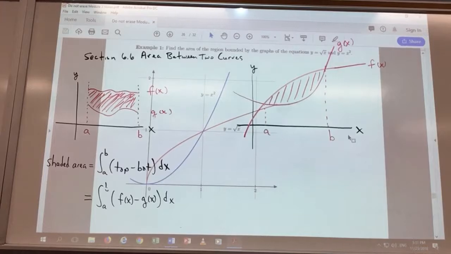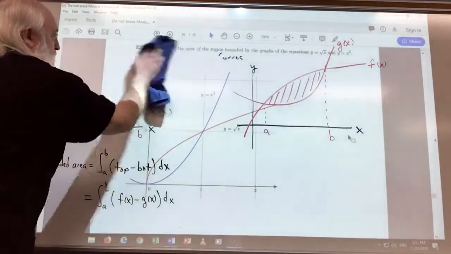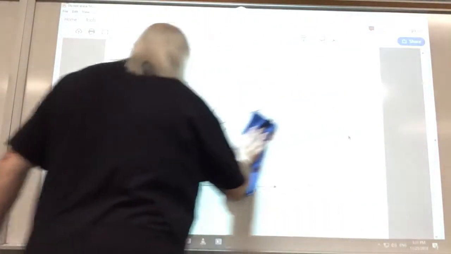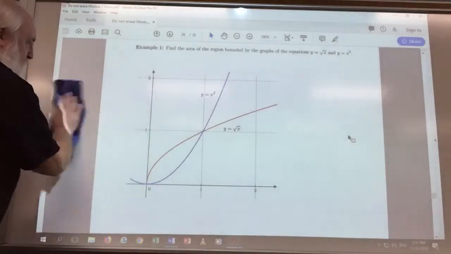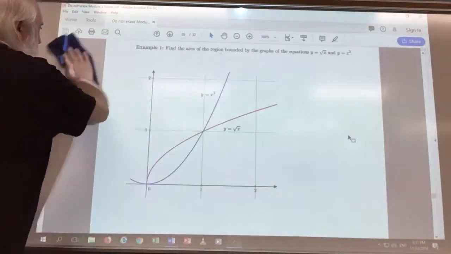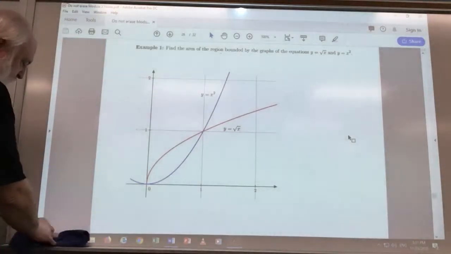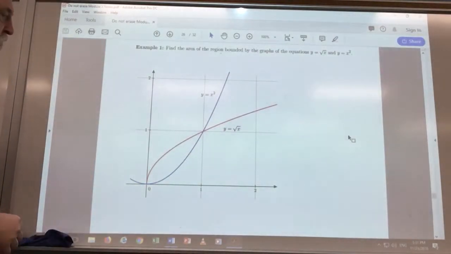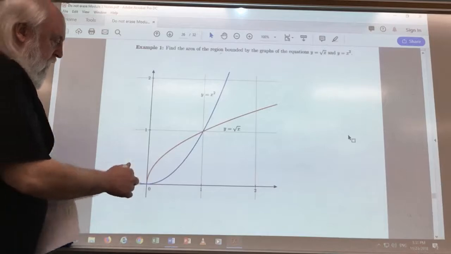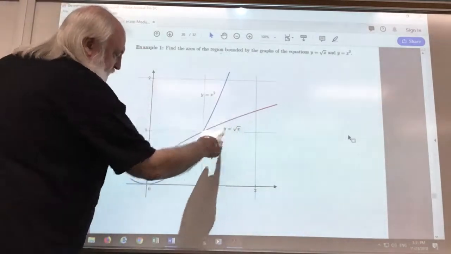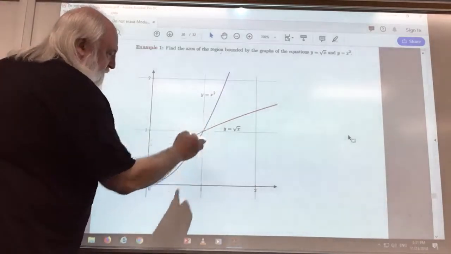On page 93 of your note packet, we have example 1. We want to find the area sandwiched between these two functions. The red curve is the top function, and the blue curve is the bottom function.